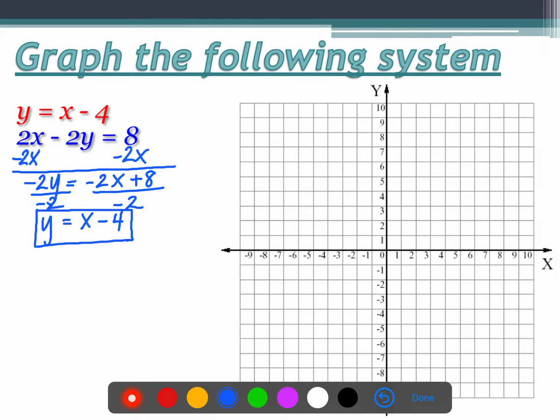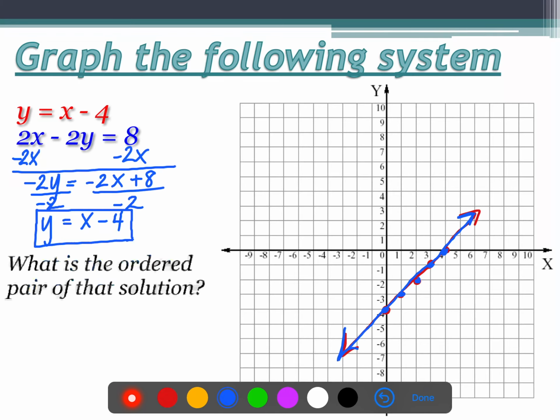Okay, and if I compare my two equations, I see that they are exactly the same. They both have a y-intercept of -4 and a slope of 1. Okay, so when I plot these, they're going to be graphed on top of one another.